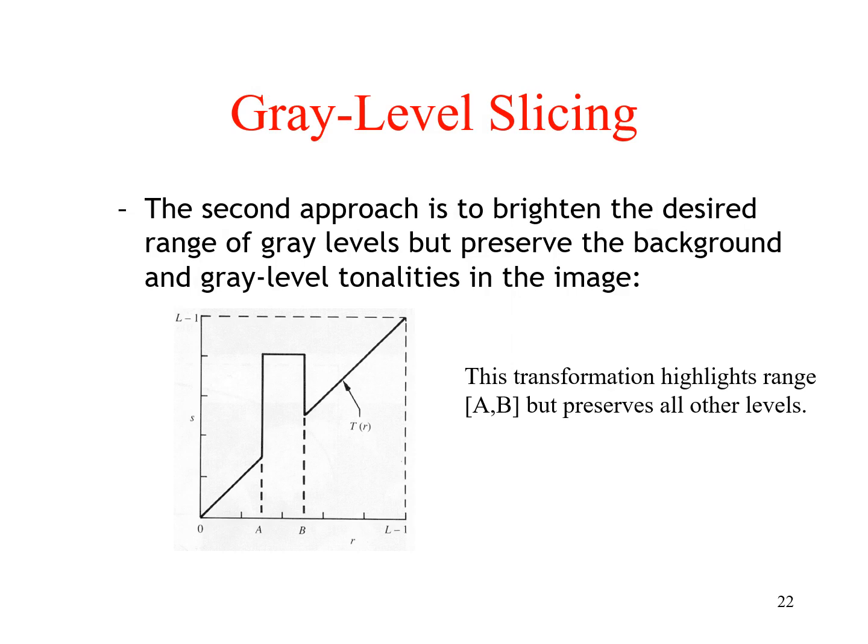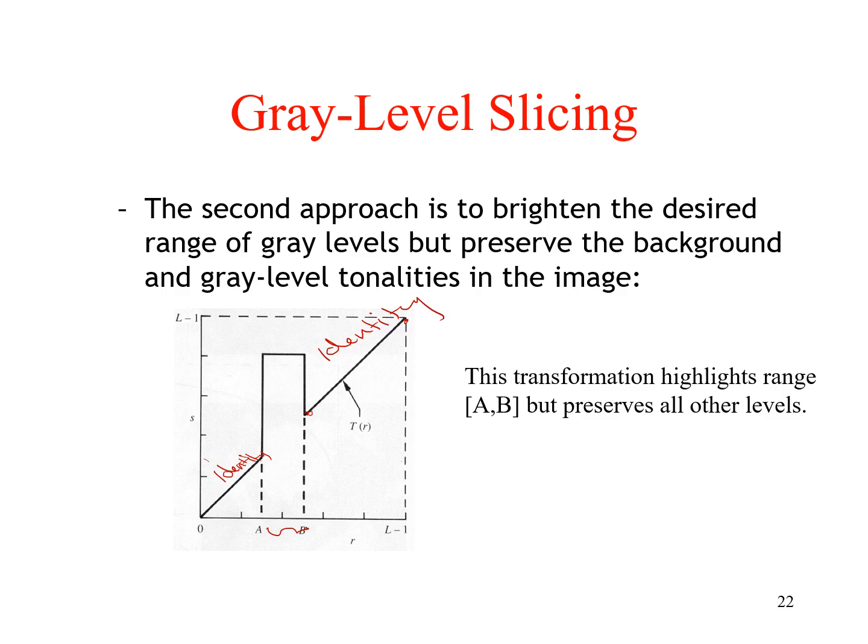Now this is with background. With background means till A, whatever is there in the input image will be the same at the output. So this is the identity transformation. And after B, again whatever is there in the input image, we want the same thing in the output image. So this will again be an identity transformation. Only in between A and B we are boosting the values to some fixed value, maybe L minus 1 or any value as per your requirement.